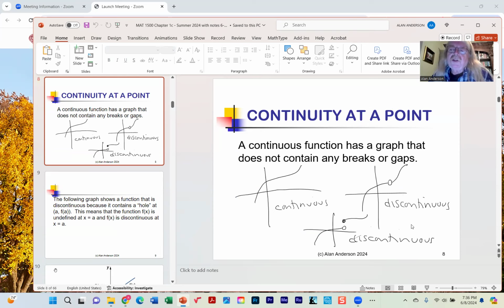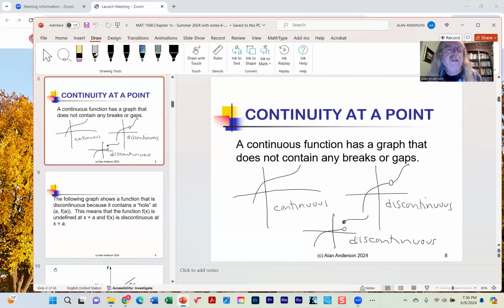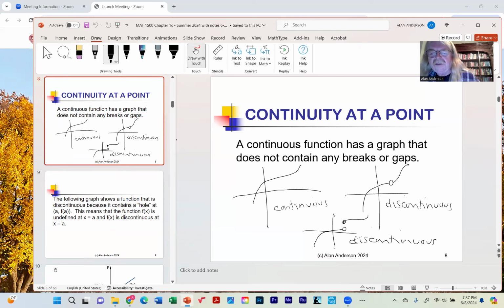So we have what's called a jump discontinuity, meaning that the value of y doesn't continue from its original point. Because of the hole, we move from here up to here. This is sometimes called a jump discontinuity, and you can see it's as if we had two separate functions here.